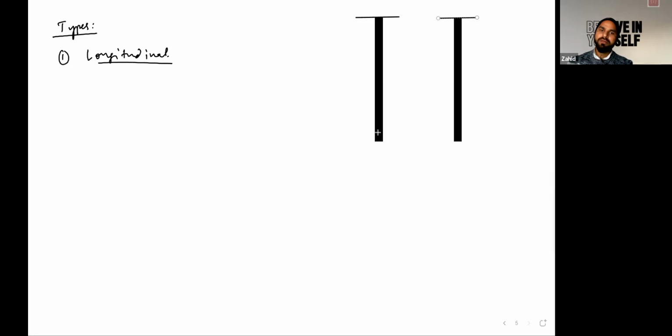Now, if you apply deforming force along this direction to stretch it, or apply deforming force along this direction to compress it, then in this case elongation will be along this direction, but in the other case, the change will be along this direction.